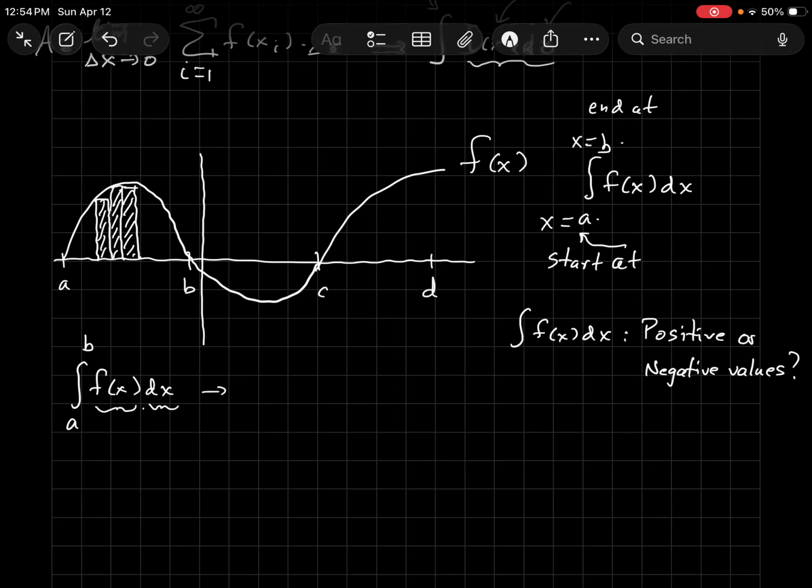On the interval a to b, all the function values are greater than 0. They're positive. And since we're starting at x equals a and going to x equals b, my change in x is positive. So I have a positive times a positive, which of course gives me a value greater than 0, or positive.